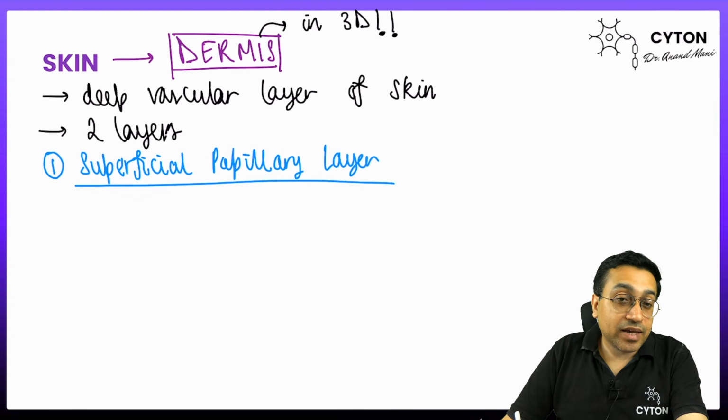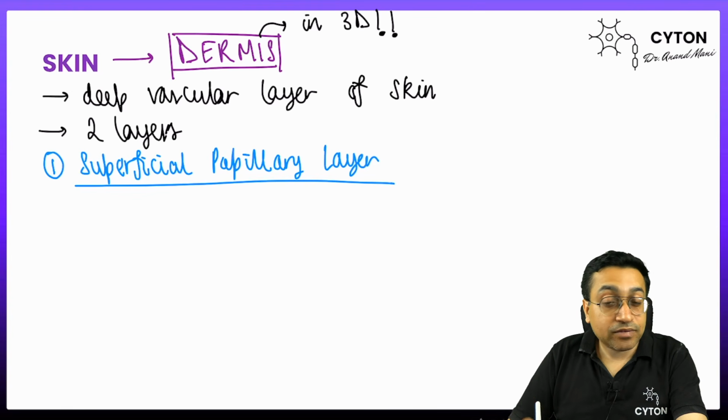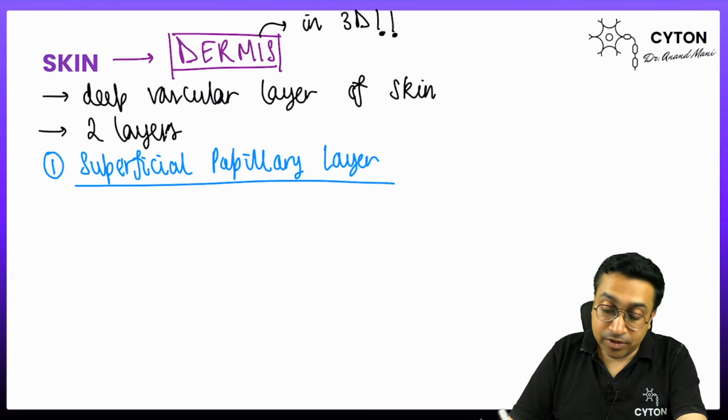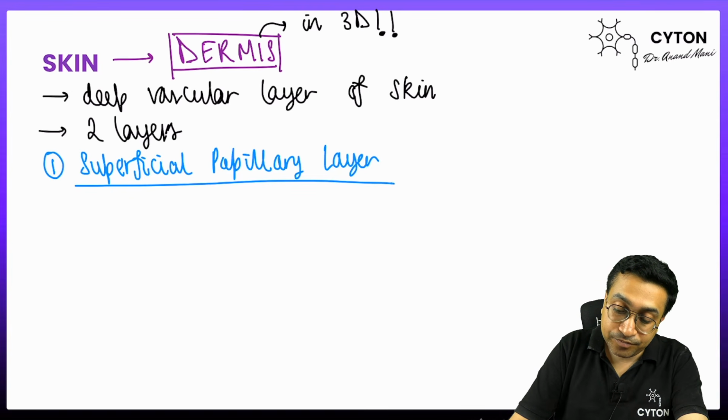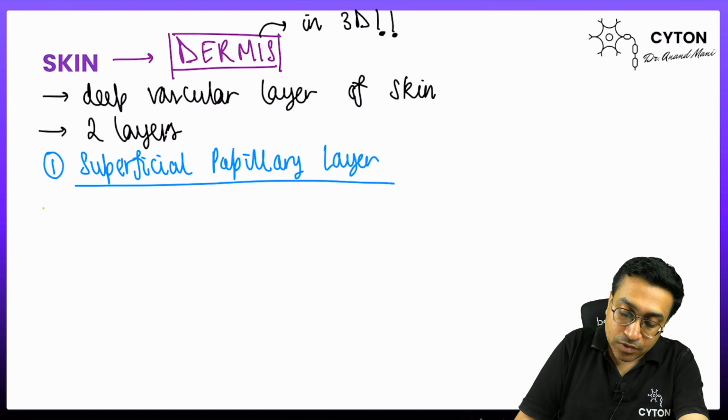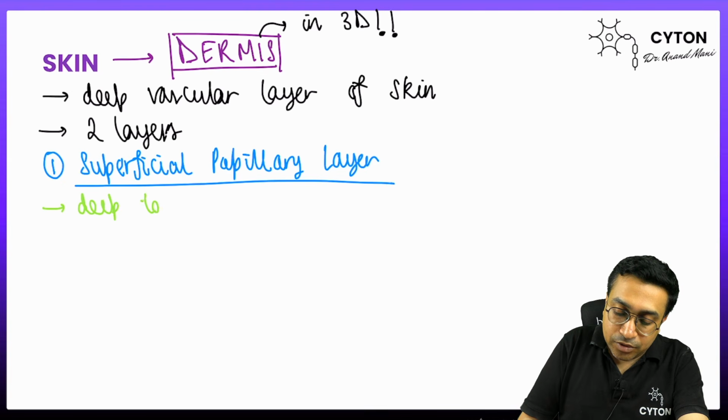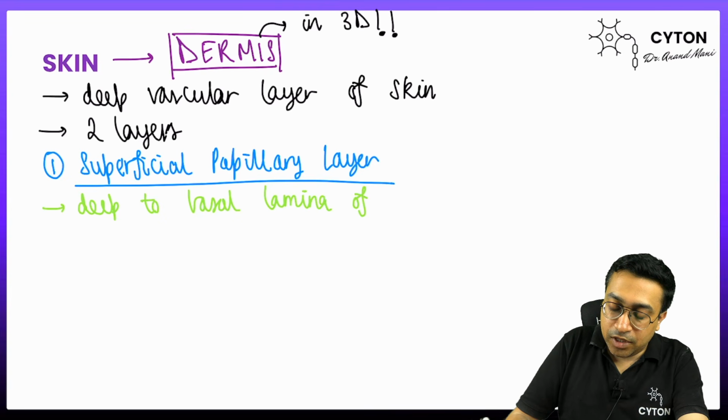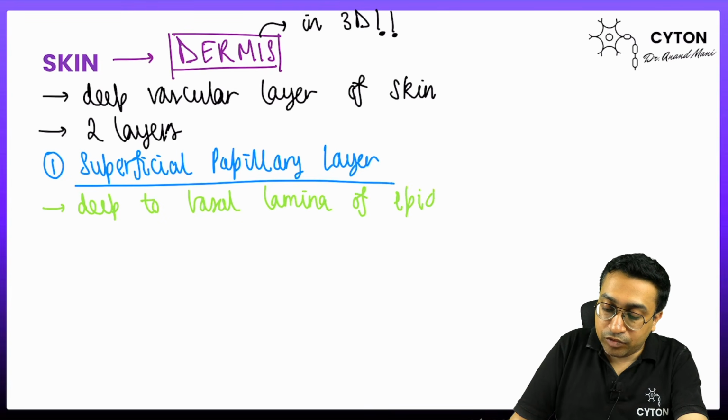So this lies deep to the basal lamina of the epidermis. Very important. Deep to the basal lamina of the epidermis. Obviously, the epidermis was above, so below the epidermis is the dermis.